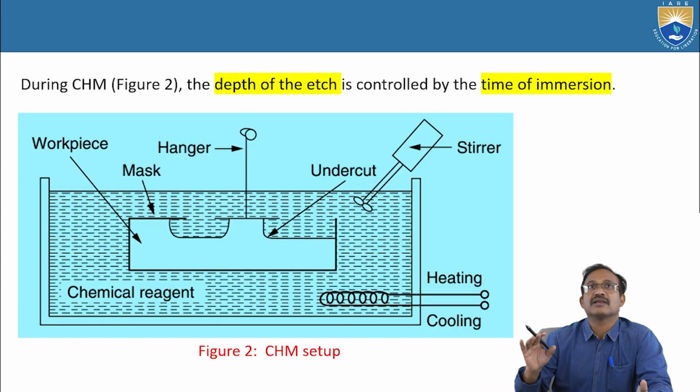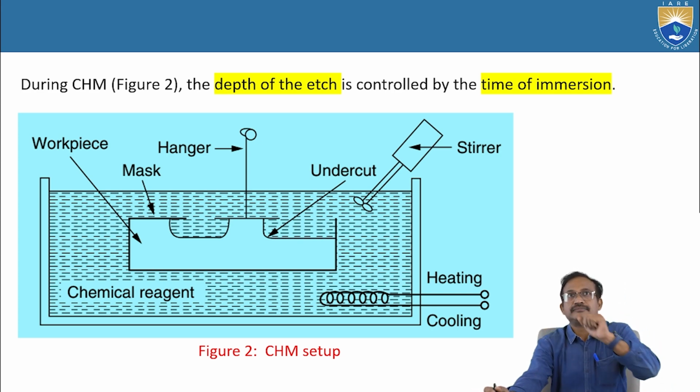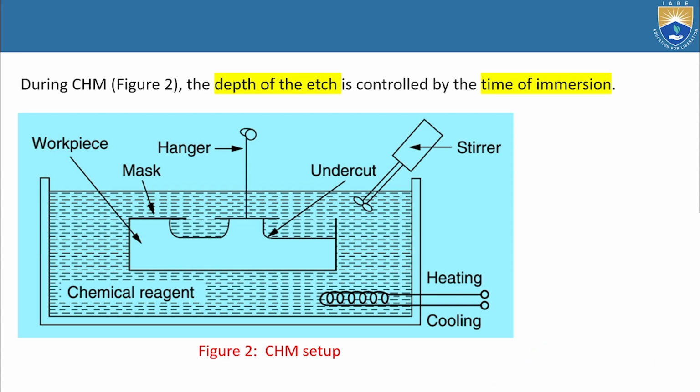Now let us look at this chemical milling setup. During chemical milling, as in figure 2, the depth of the etch is controlled by the time of immersion.